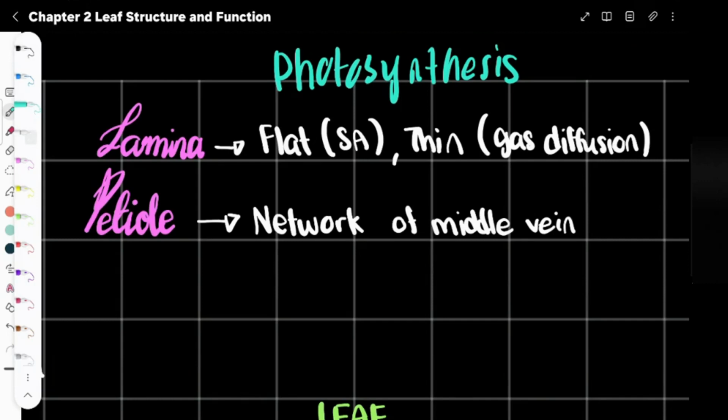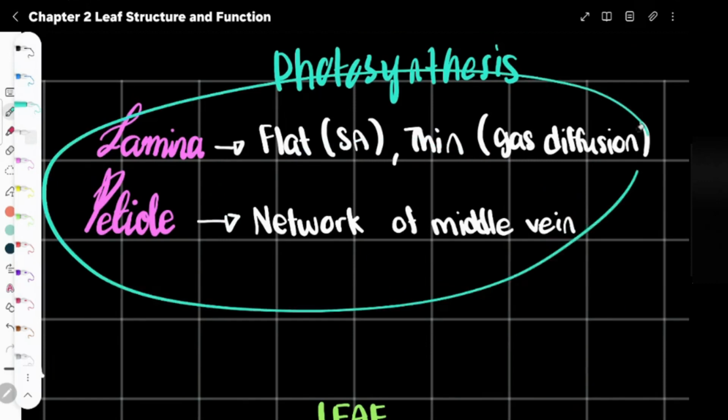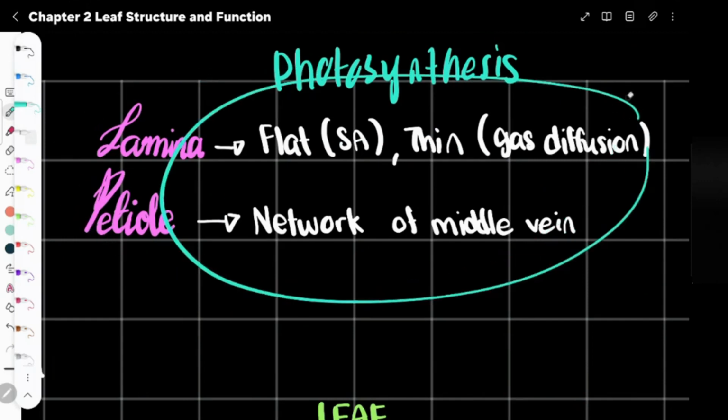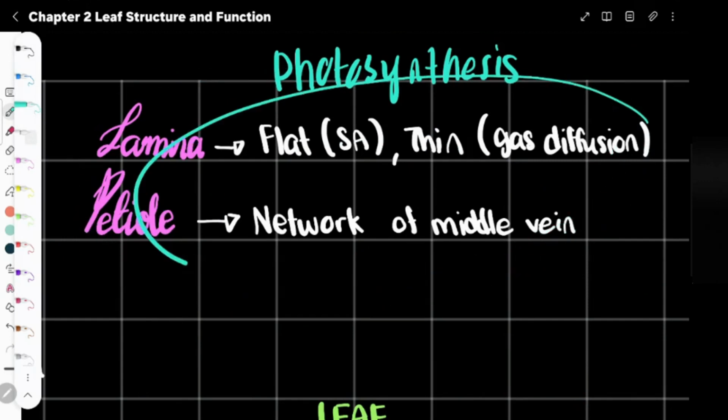What is your characteristic? First of all, increasing surface area. Second of all, it is thin. Third of all, they have network. See, you can use the same answer here. So this should be your habit, this should be your first answer.